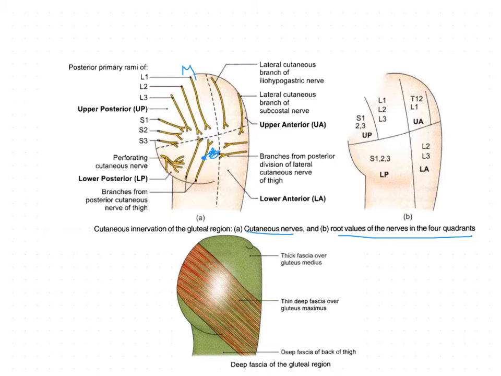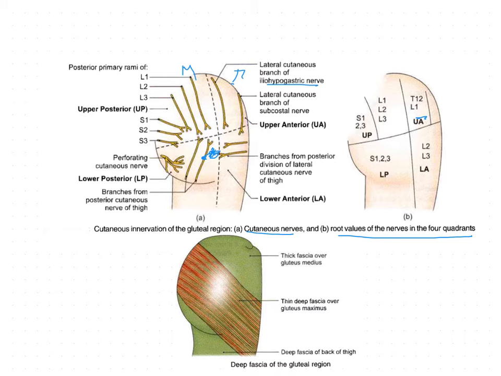The upper and anterior part is supplied by the lateral cutaneous branches of the subcostal T12 and L1. These are normally the iliohypogastric nerves. Here this lateral branch is placed anteriorly, so we can consider this as the upper and anterior part.